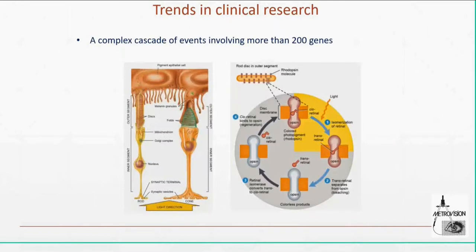What is maybe important to notice, and I'm not a doctor, but I have been very impressed by these features. As you know, the visual process involves a cascade of events with more than 200 genes, and that means a lot of different diseases, a large variety of diseases.